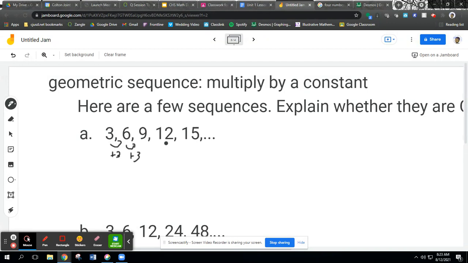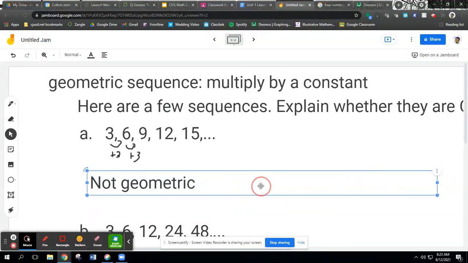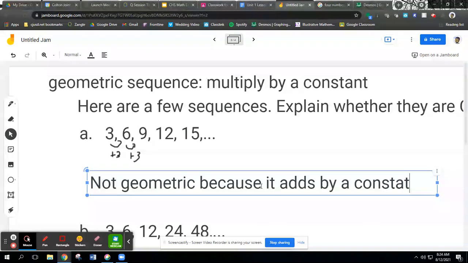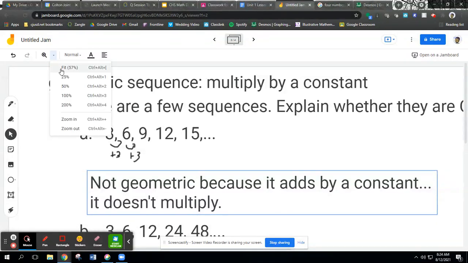And so on. 9 plus 3 would be 12, 12 plus 3 would be 15. So this sequence is not geometric because it adds by a constant. Doesn't multiply. So if we have one that's not multiplying by the same number over and over again, it is not geometric.